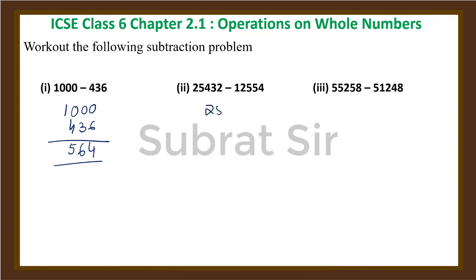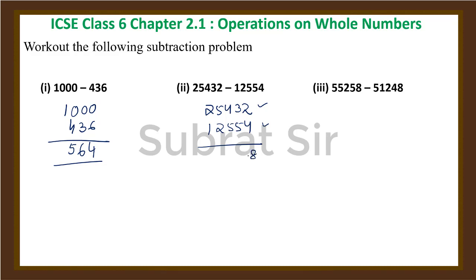Then this one, 25432 minus 12554. Here also we know the first number is greater than the second number. So again we will get the result as a whole number.